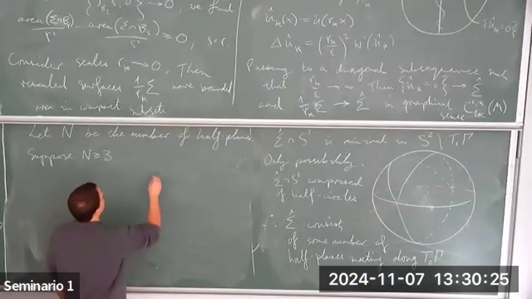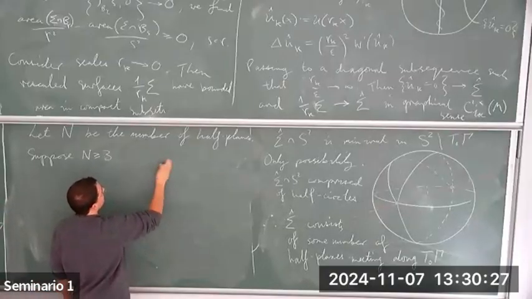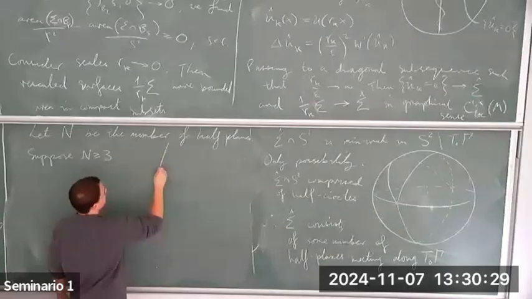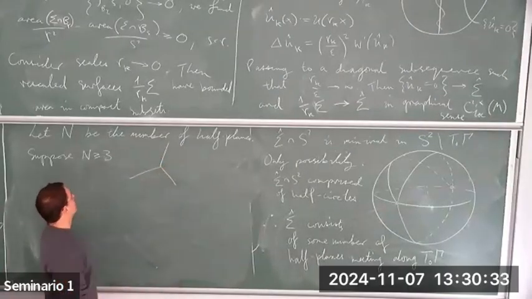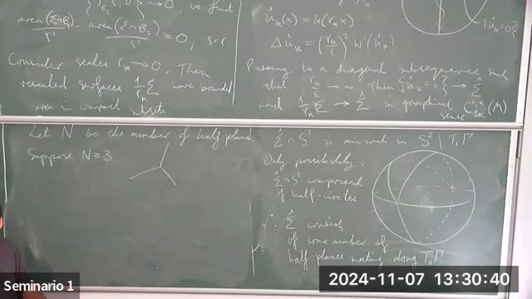So what does this mean? Which means that we have some number of half planes meeting along the line, and even if we spread them out as evenly as possible, there'll always be two of them where the angle between is less than pi.